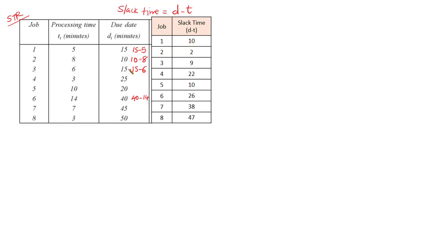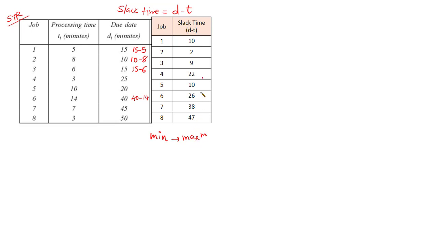For job number 3, 15 minus 6 will be 9. For job number 6, 40 minus 14 is equal to 26, right? So now we will arrange these jobs from minimum to maximum numbers.